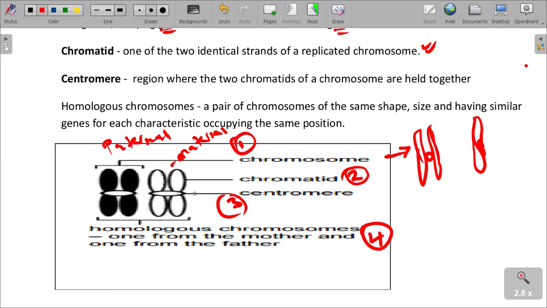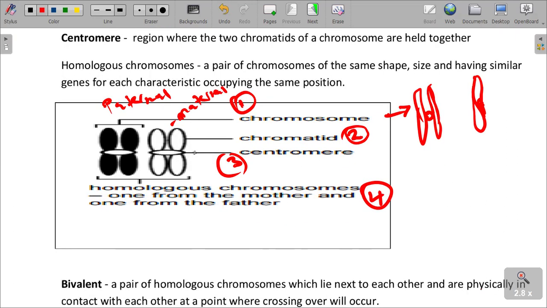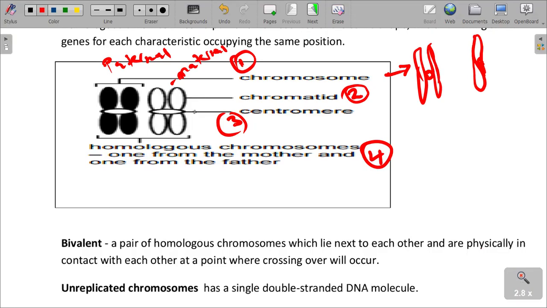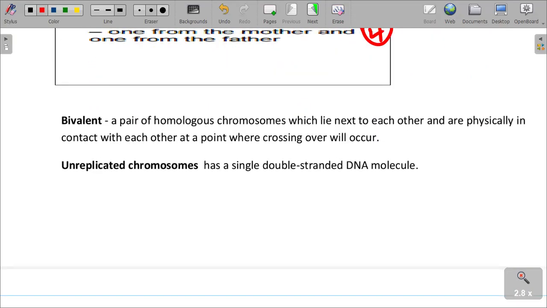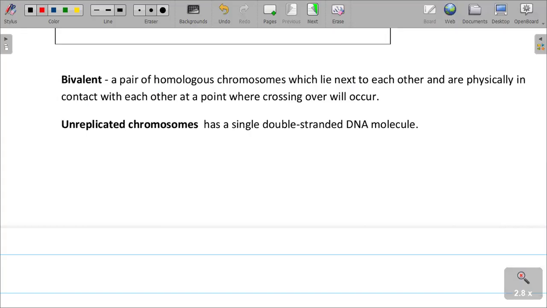I want you to always note that these terms are always going to be used continuously in this unit. And then bivalent: a pair of homologous chromosomes which lie next to each other and are physically in contact with each other at a point where crossing over will occur. I'm going to demonstrate crossing over in the next pictures.